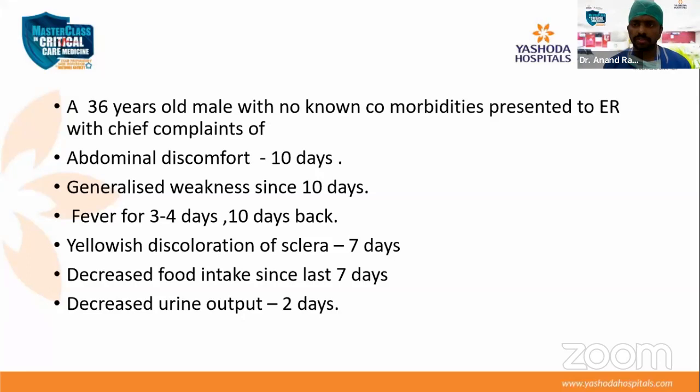So, history of fever is there, sir. It could be viral hepatitis, one possibility. And outside food consumption history also goes in favor of viral hepatitis. And increased alcohol consumption is there, so it could be alcoholic hepatitis, one possibility.